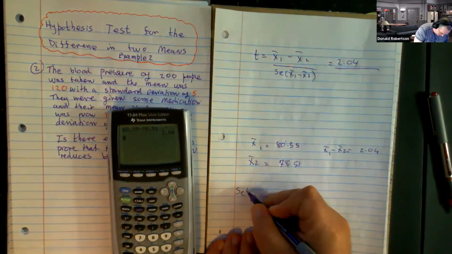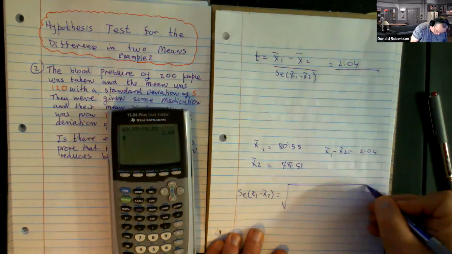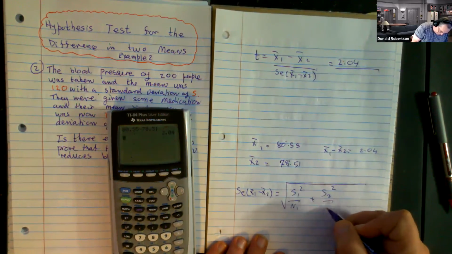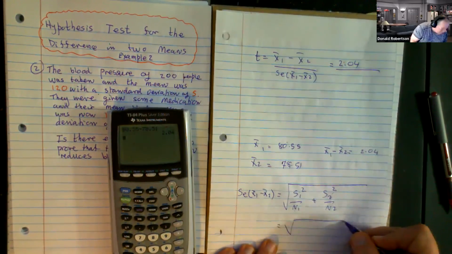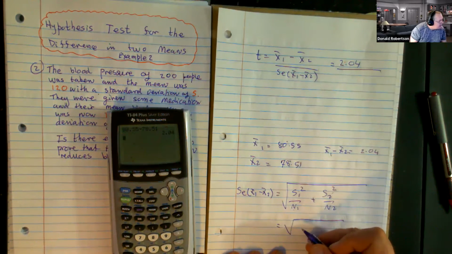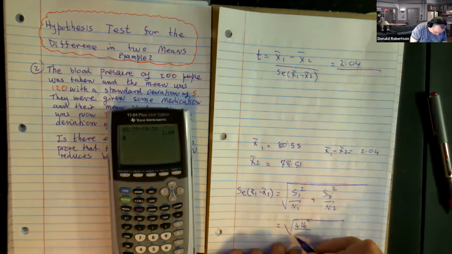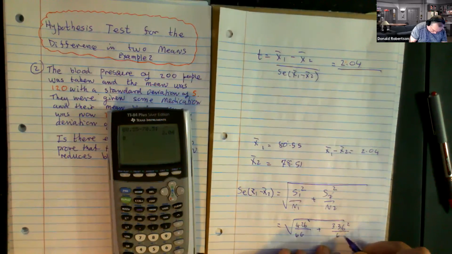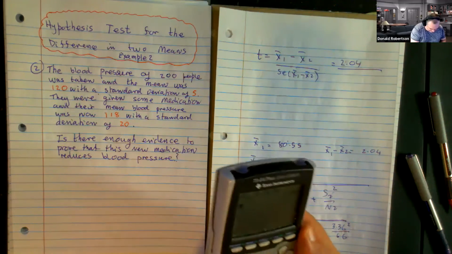Now you want to get the standard error. You use this formula, the square root of S1 squared over N1 plus S2 squared over N2. All these numbers are in that table that you can't see anymore, but it ends up being 4.26 squared over 66 plus 3.36 squared also over 66. And if you do all that in your calculator, let's see what we get now.